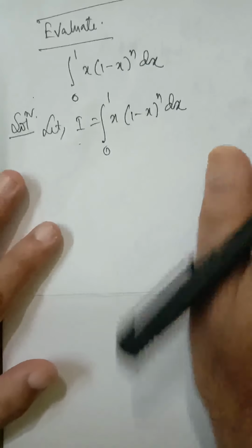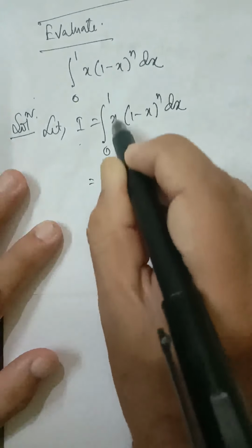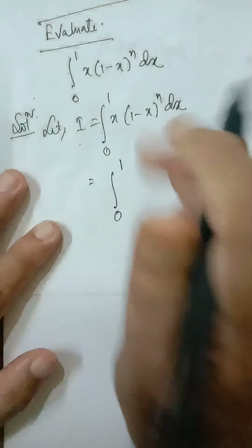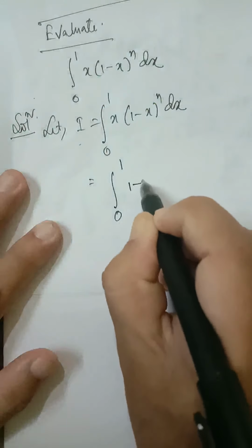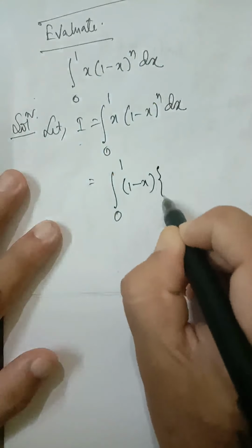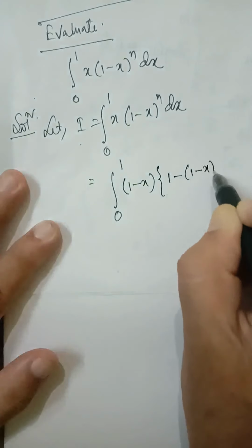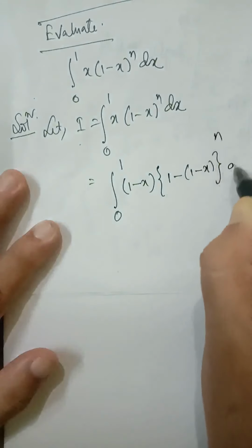So we will apply property number 4. How to apply? We will replace x by a minus x, that is 1 minus x. So if we replace x by 1 minus x, this will become 1 minus x, and this will be 1 minus x whole thing to the power n dx.